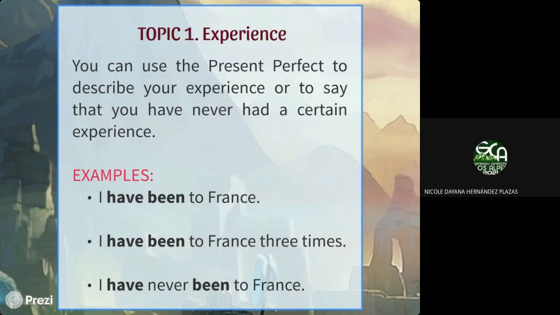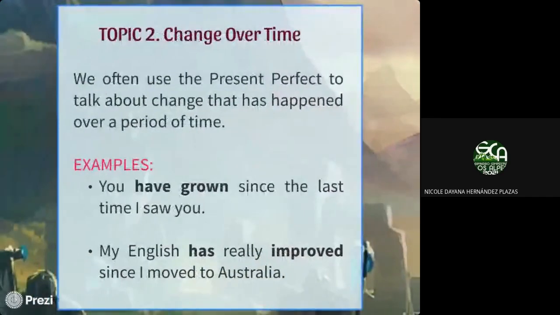Use number 2. Change over time. Look at this one. Juanjo, can you please help me reading that slide? Okay. We often use the present perfect to talk about change that has happened over a period of time.